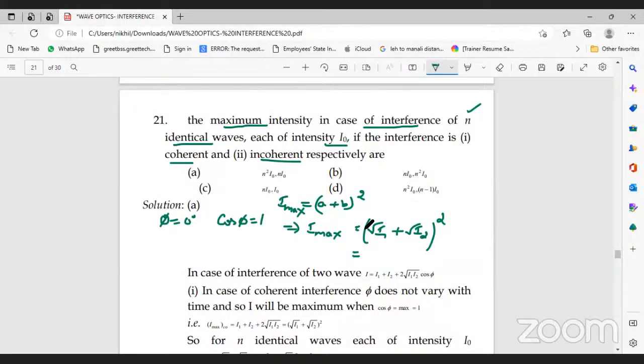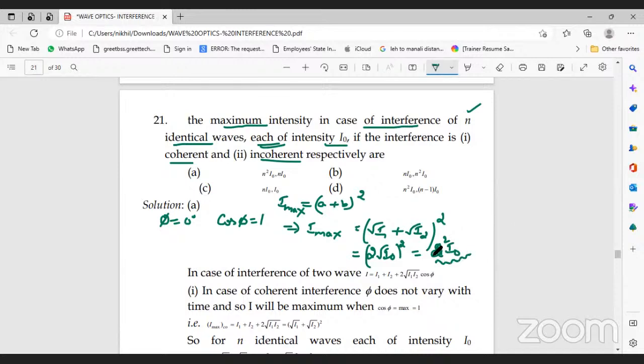N identical waves. Since they are of equal intensity, each intensity is I naught. You can take this as root I naught plus root I naught, that is 2 root I naught whole square, which is 4 times I naught, or 2 squared times I naught.